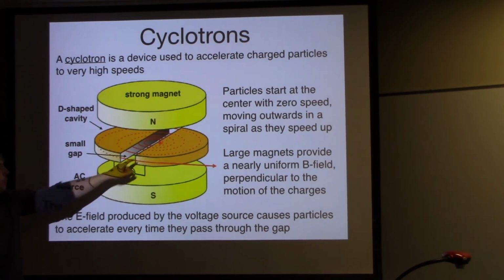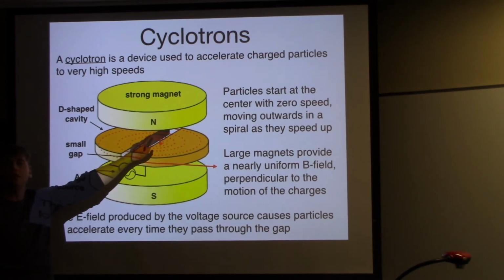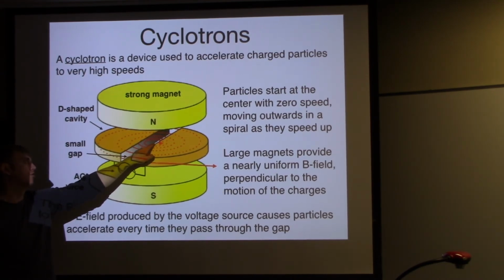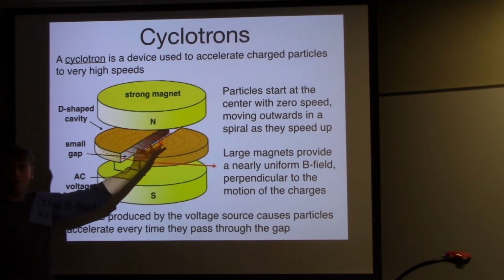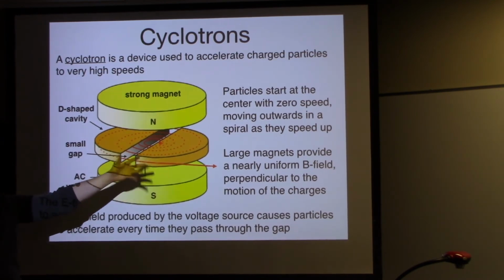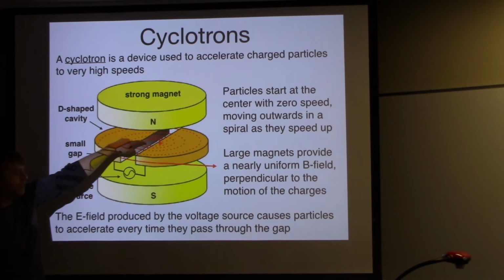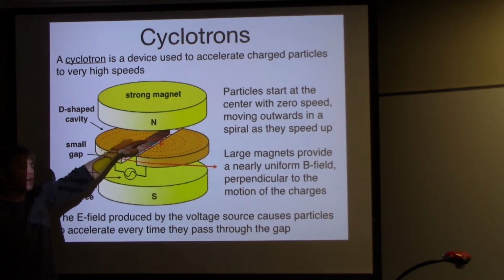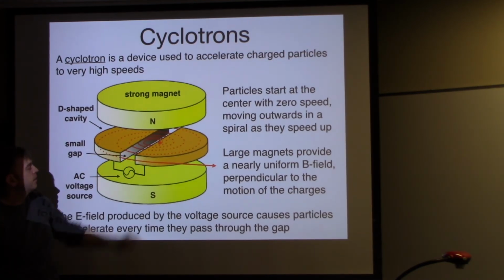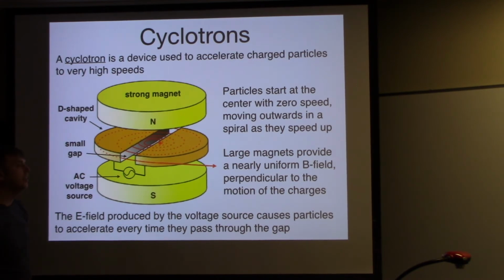We start off by injecting particles into the very center of the cyclotron. They start over here, and they start off not moving that fast. Actually, they can start off with 0 speed. But if they're in the gap, they're going to be accelerated across the gap, and then after that they're going to be moving in a pretty much uniform magnetic field.